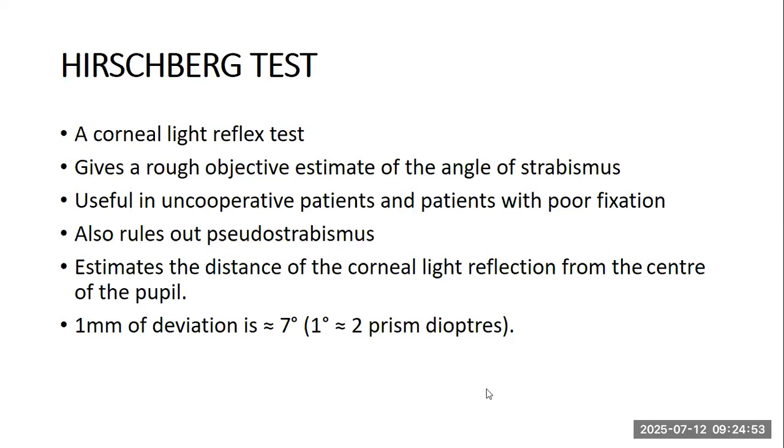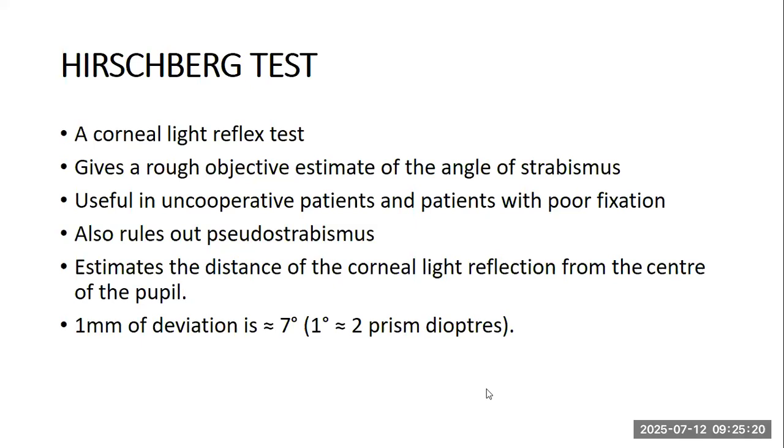Yes, in a pseudostrabismus, by the time you project the light source to the patient's eye, the corneal light reflex is symmetrical in both eyes, unlike in true strabismus, where one eye is decentered, or even if it's both eyes that are deviating, you can see that they are both decentered. And you have an idea of the amount of deviation in that eye.